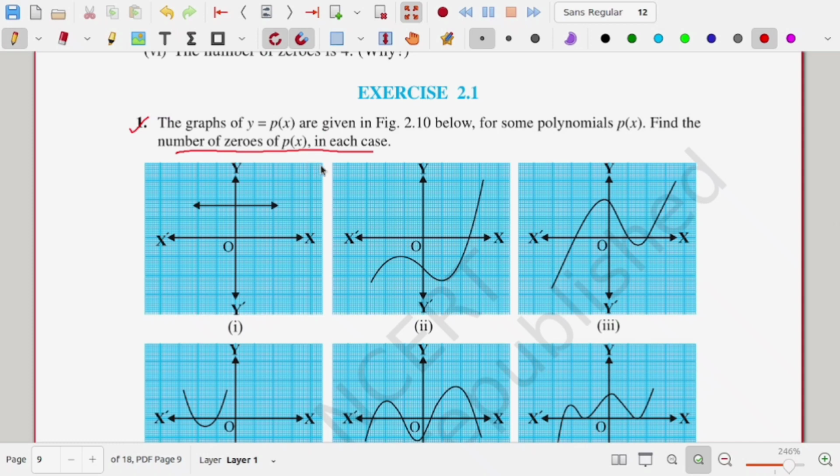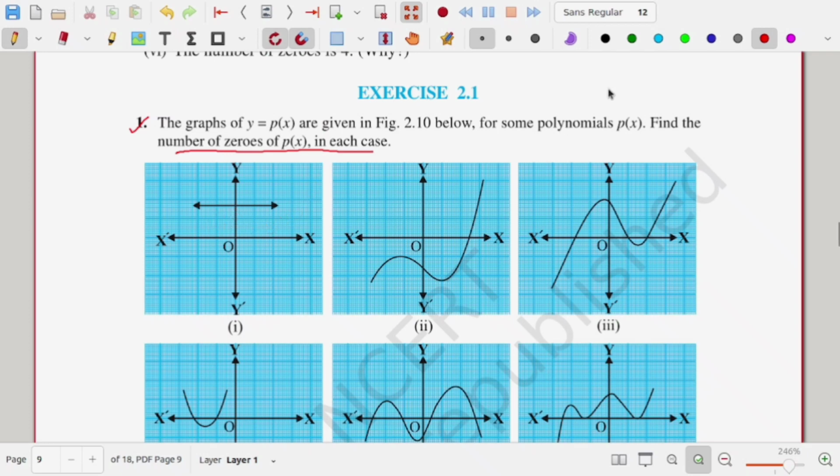We just have to look at the graph, how many times the graph cuts the x-axis. Again I am repeating, how many times the graph cuts the x-axis, that will be the number of zeros of the polynomial.